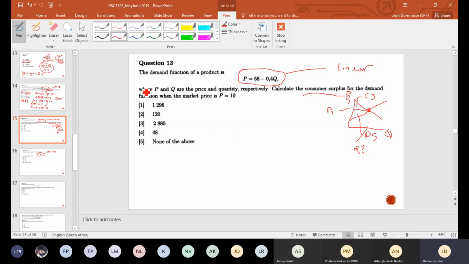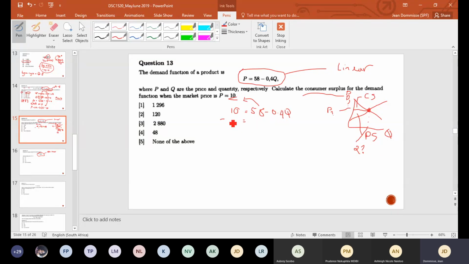The demand function, where P and Q are the price and quantity respectively. Calculate the consumer surplus for the demand function, where the market price is 10. So basically, I will start with P is equal to 10, which will give me a quantity that I can work with. If I take the 58 to that side, it becomes minus 58.